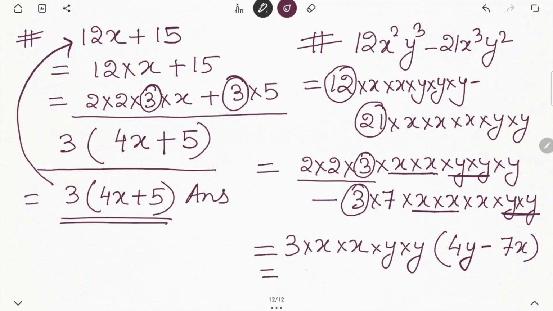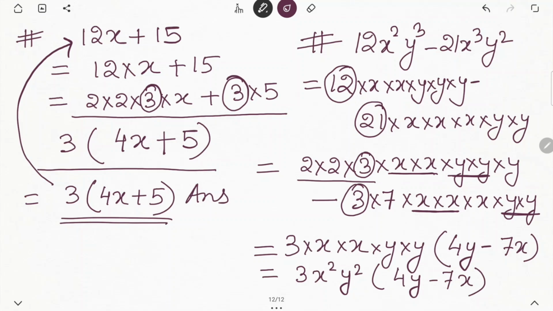So this I can write as 3x square y square into 4y minus 7x. Okay, so I can say that the factors of 12x square y cube minus 21x cube y square will be 3x square y square into 4y minus 7x.